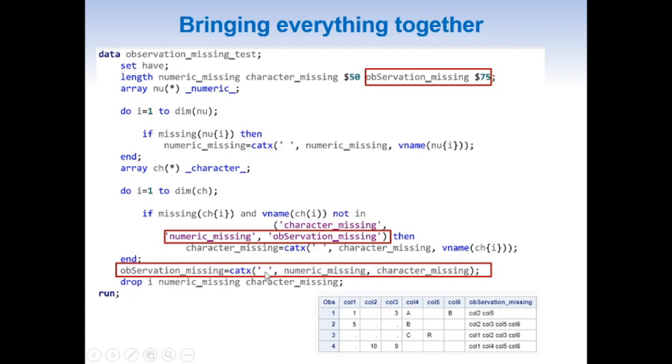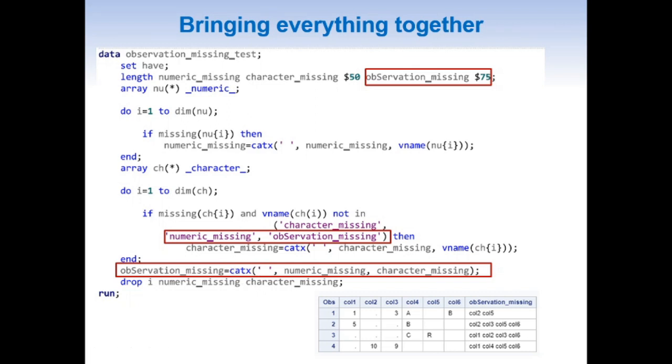And here, after running the code, you can see the result that we have captured both character and numeric variables here. To sum it up, what we have done is we have used an array to capture all missing numeric variables. Then we have used arrays for capturing all character variable missing values, and then finally we have combined them in a particular variable by using the catx function.